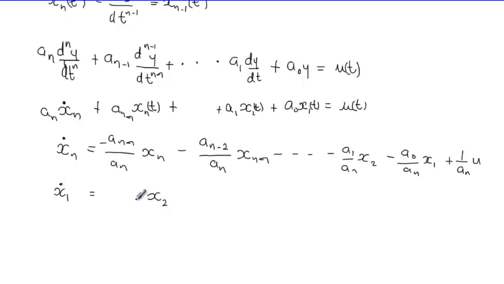What you can write next, if necessary, is that this equals 0x1 plus x2 plus 0x3 plus dash up to 0 plus 0xn.